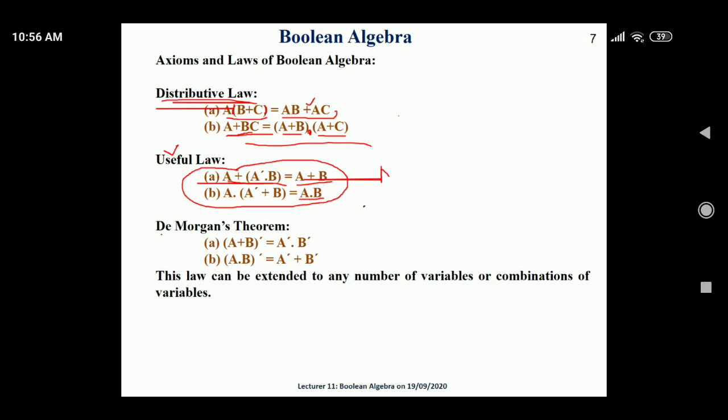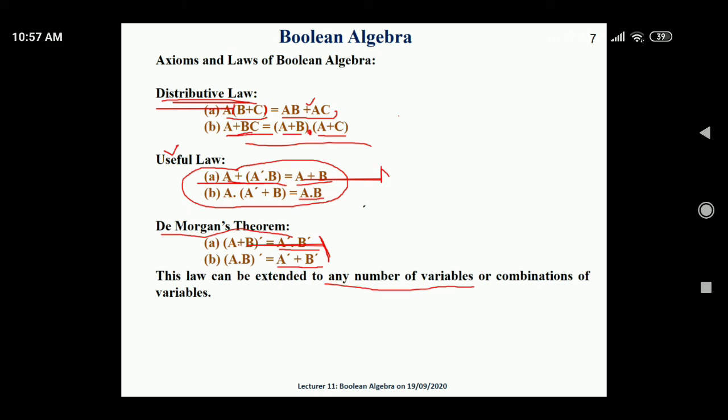And what is De Morgan's theorem? A plus B whole complement we can write as A complement into B complement. The other De Morgan's theorem is just the opposite: A into B whole complement, we can write as A complement plus B complement. These two expressions can be extended to any number of variables.